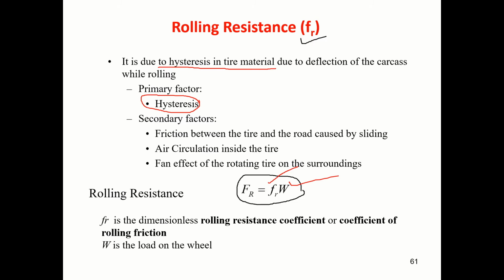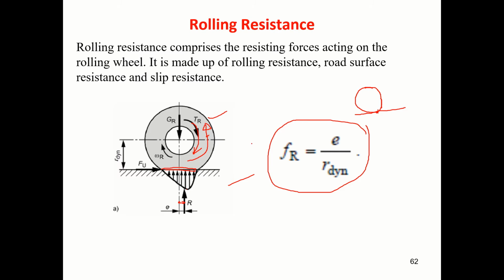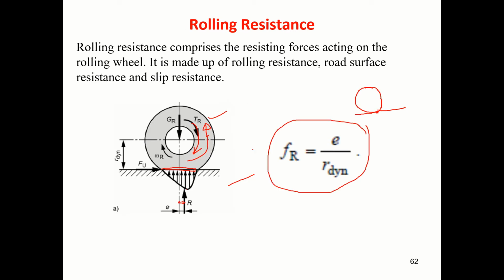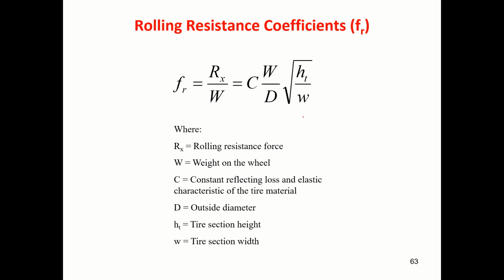As I said, secondary friction between the tire and the road caused by sliding, air circulation inside the tire, and fan effect of the rotating tire on the surroundings, all these offer rolling resistance. How to find the rolling resistance coefficient? This is how we can define it. How do we estimate? There are many equations and models available to estimate the rolling resistance. This is one of the models.